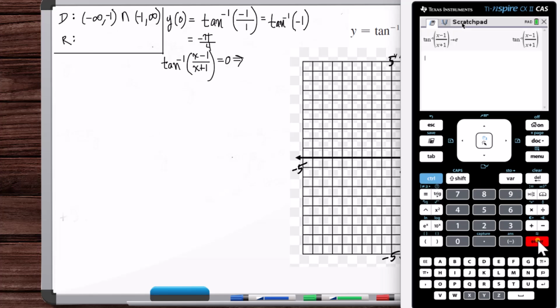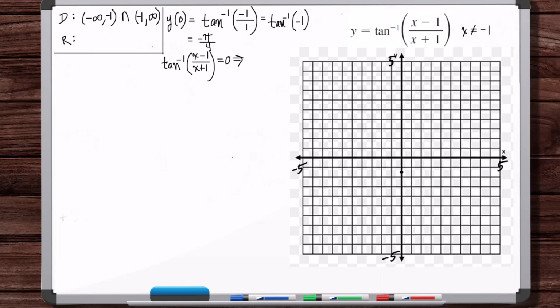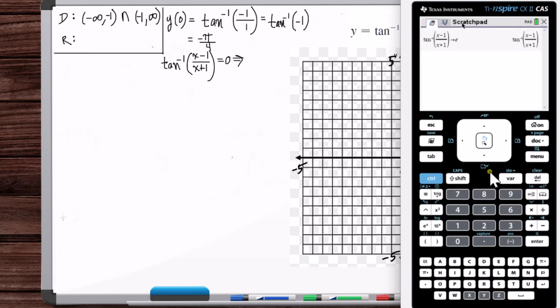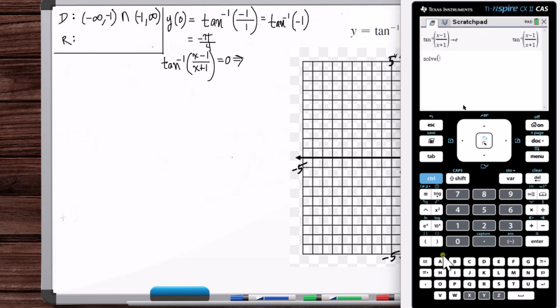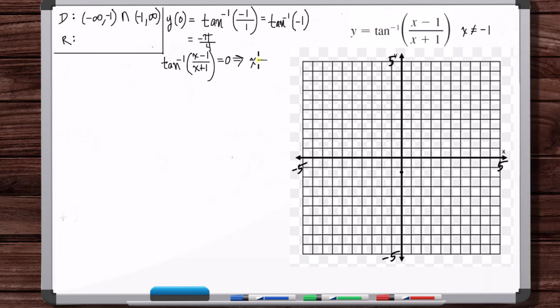Store that as e. Very good. Now we want to solve e is equal to 0 for x. x is equal to 1. Okay, so that's an x-intercept. x is equal to 1 is here.